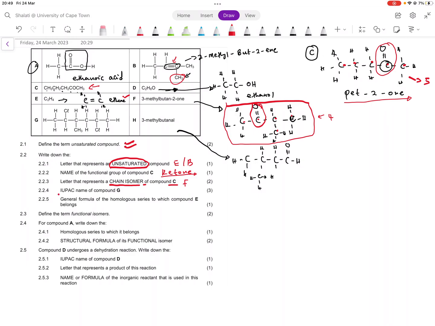So let's check the IUPAC name of compound G. So let's check compound G. What is happening at compound G? So we have Cl, we have a methyl, we have a Cl. So we can start naming from left to right, or we can name from right to left. Our first substituent is at number 2 if we go this way.